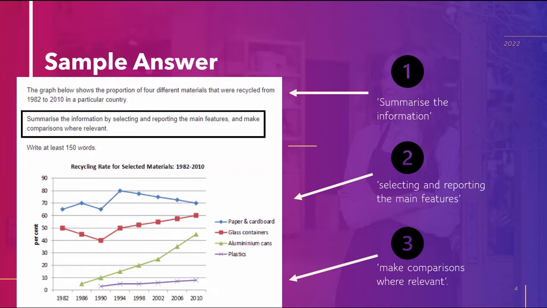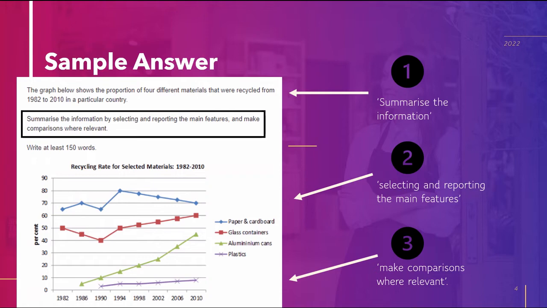Okay, next up we get the actual question. So summarize the information by selecting and reporting the main features and make comparisons where relevant. Now it's really important that you look at this in detail and you underline the key words, okay?